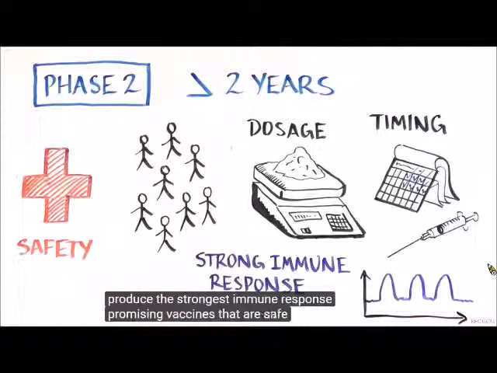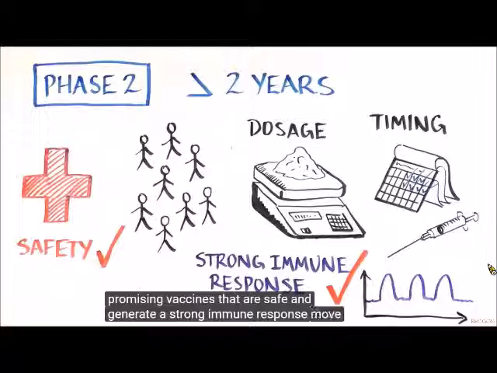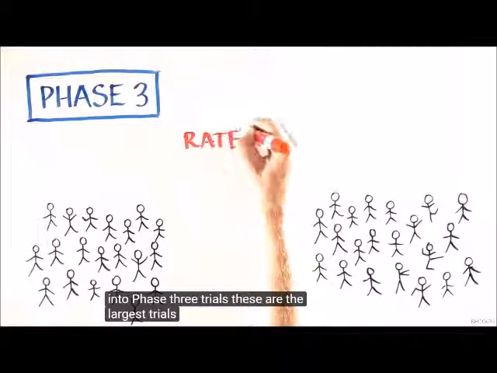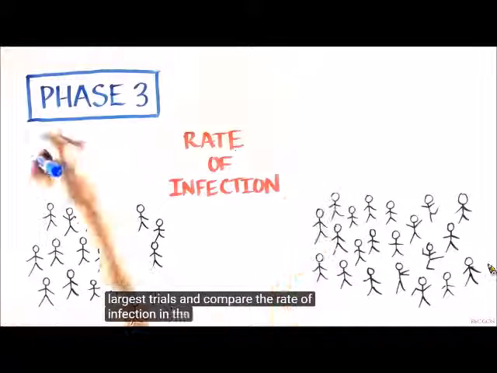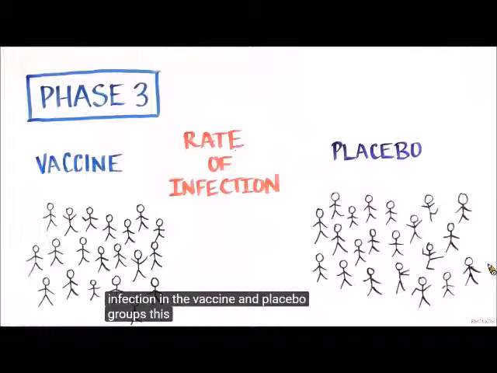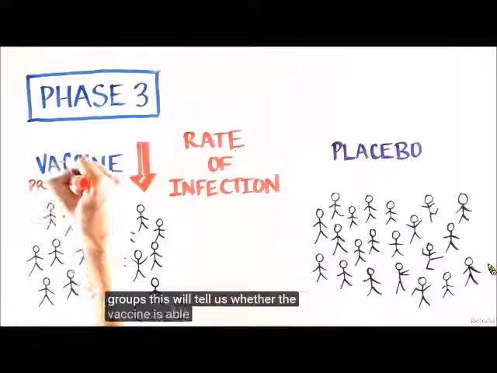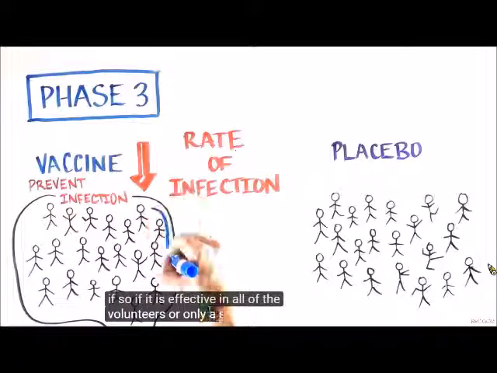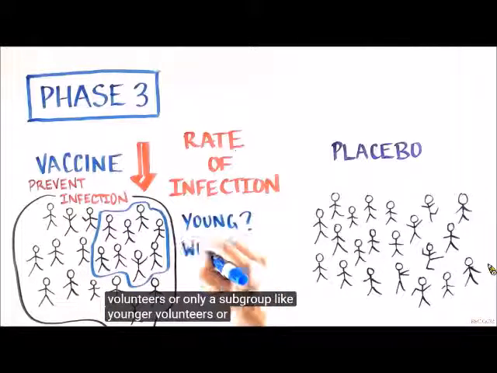Promising vaccines that are safe and generate a strong immune response move into Phase 3 trials. These are the largest trials and compare the rate of infection in the vaccine and placebo groups. This will tell us whether the vaccine is able to prevent infection, and if so, if it is effective in all of the volunteers or only a subgroup, like younger volunteers or women.